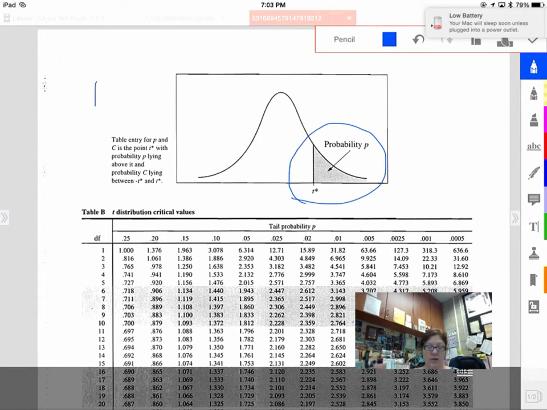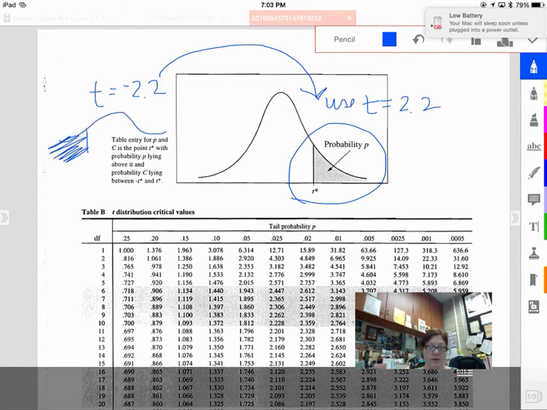So if I'm looking for t equals negative 2.22, I'm not going to find it in the table. Instead, I'll have to use its mirror image, which would be 2.22. But that's okay because the area that would be to the left of t equals negative 2.22 is going to be the same as the area to the right of positive 2.22.